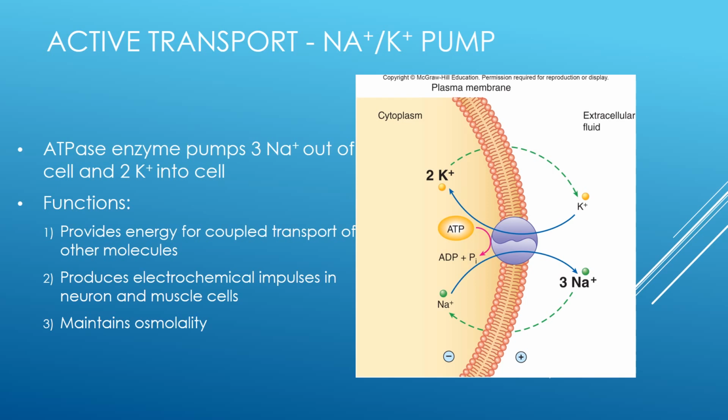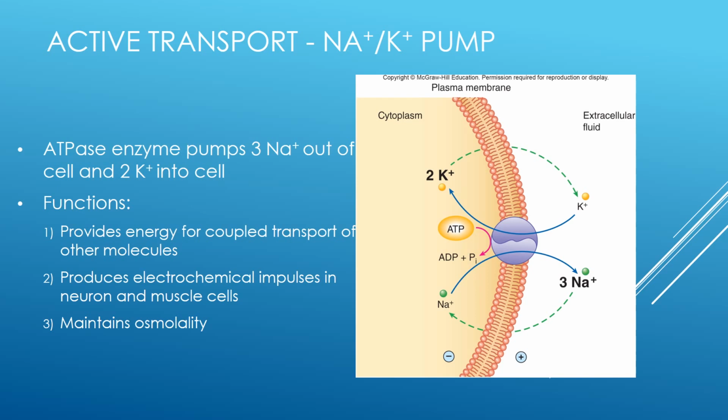The ATPase enzyme pumps 3 sodium out of the cell and then 2 potassium back into the cell. This is against their concentration gradients, because potassium is highly concentrated inside the cell as compared to outside of the cell, and sodium is actually in higher concentrations outside of the cell versus inside the cell.